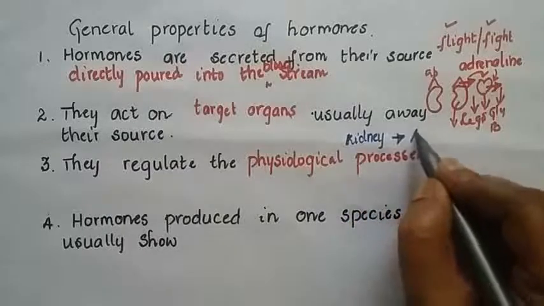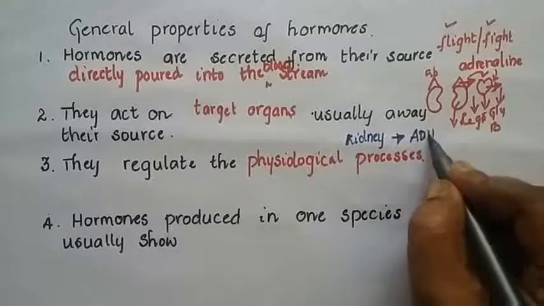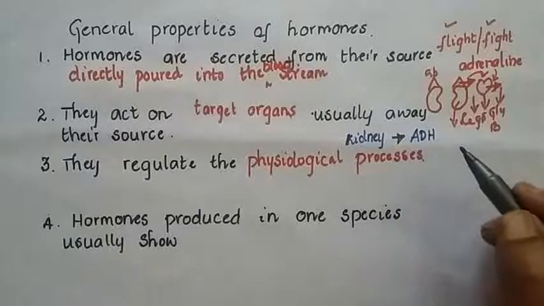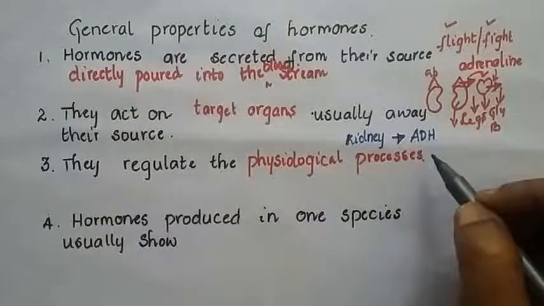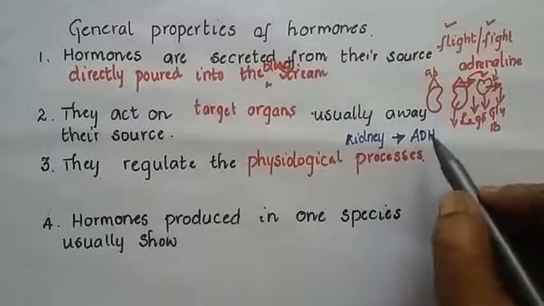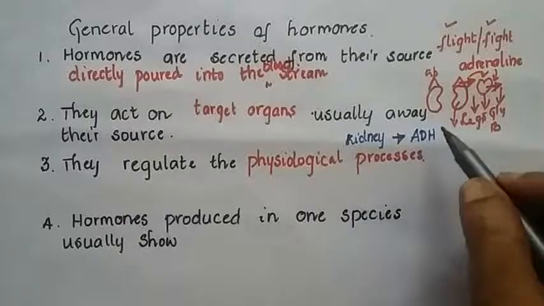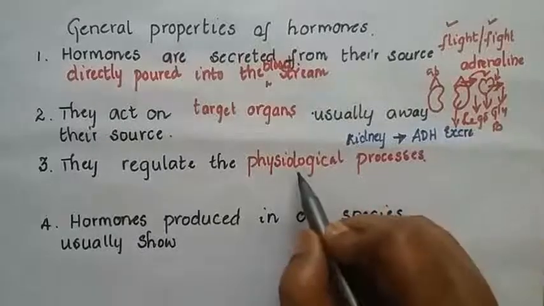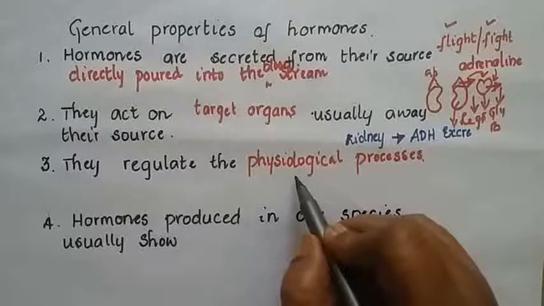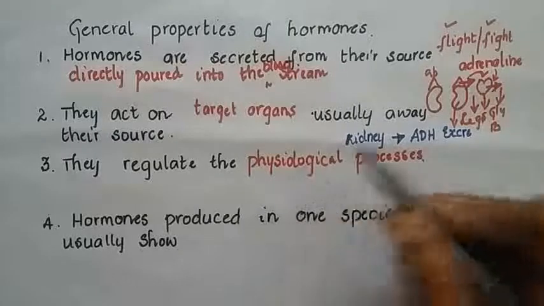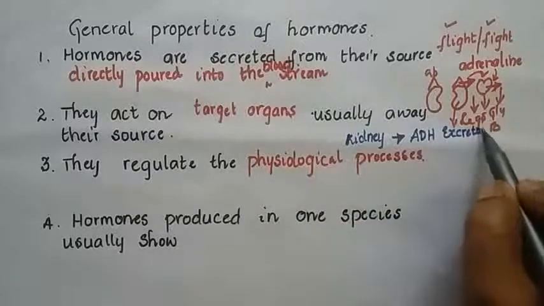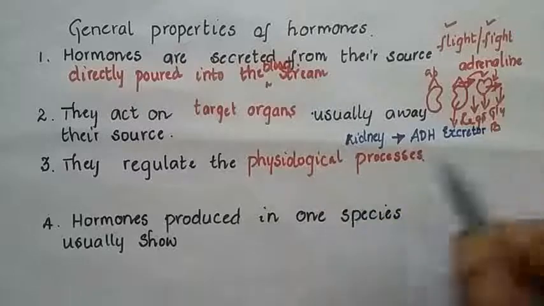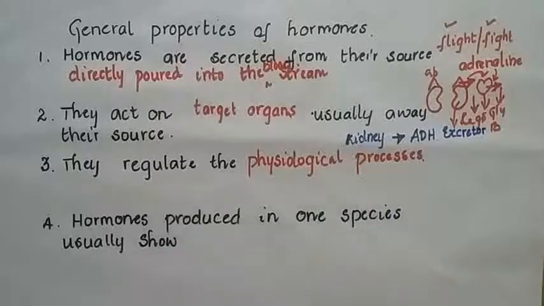If you remember, antidiuretic hormone helps in the reabsorption of water from the kidney tubules. So ADH indirectly controls the functioning of our excretory system, which is one of the physiological processes. So you can say that our excretory system is controlled by the hormones, right?